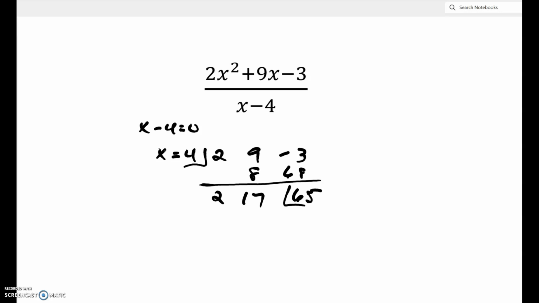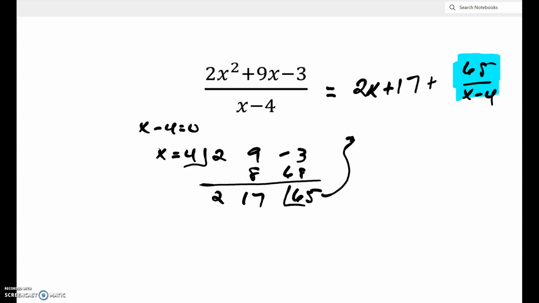So this expression is equal to 2x plus 17 plus 65 over x minus 4. Remember, this is our rational part.